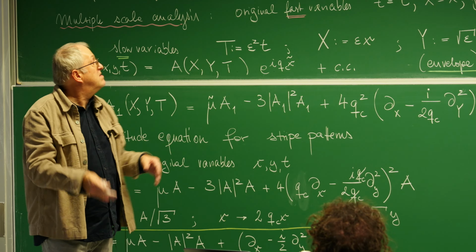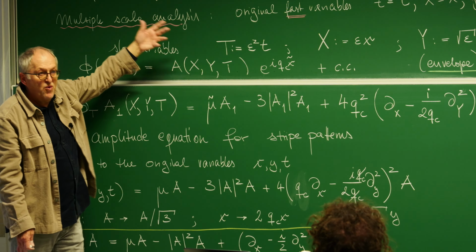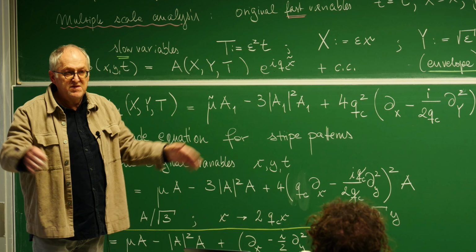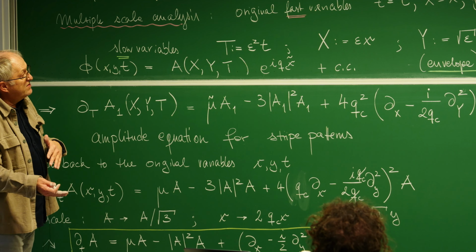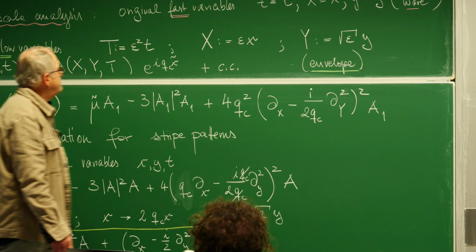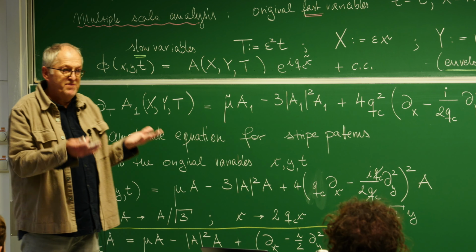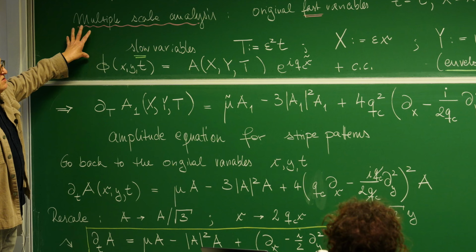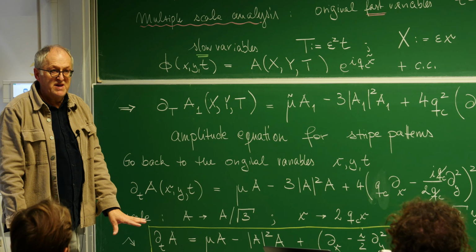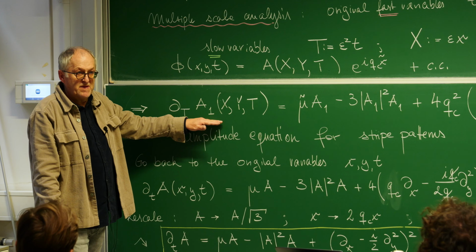And for that end, you need to introduce all these different scales because they are different order in epsilon. The carrier wave is order 1, and the small undulations are of order epsilon in one direction, and in the y direction of order square root of epsilon, and in time of order epsilon squared. And as I said, to keep all these structures maintained through the perturbation theory, you have to define those multiple scales, and then order by order go through the analysis, and that then gives you the equation for the amplitude.